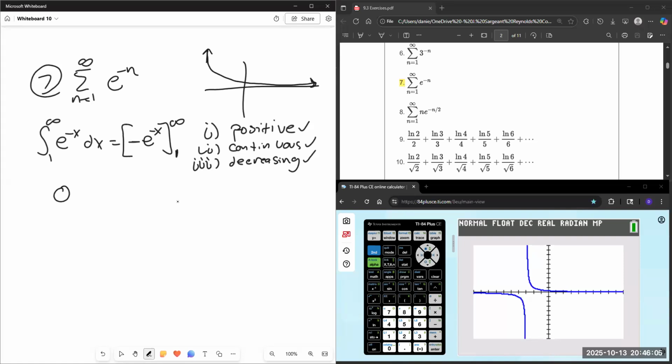Negative e to the negative x will also go towards 0. Then I change my sign and I add. I get e to the negative first, which is equal to 1 over e, which is a finite number L. And so the series converges by the integral test.